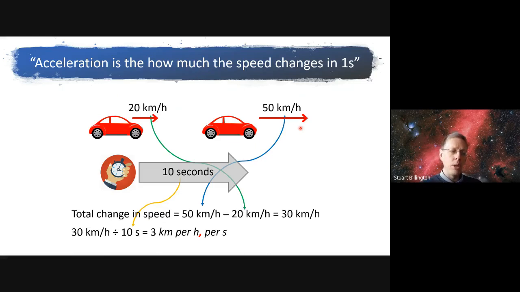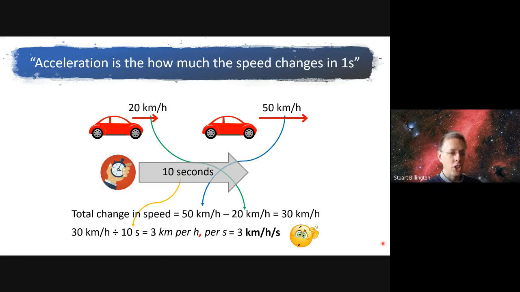And given that we always write the per as a slash, like here, when we write that down, we would write it like that. 3 km slash h slash s. Now, that is probably not something that you have done very much of in the past.